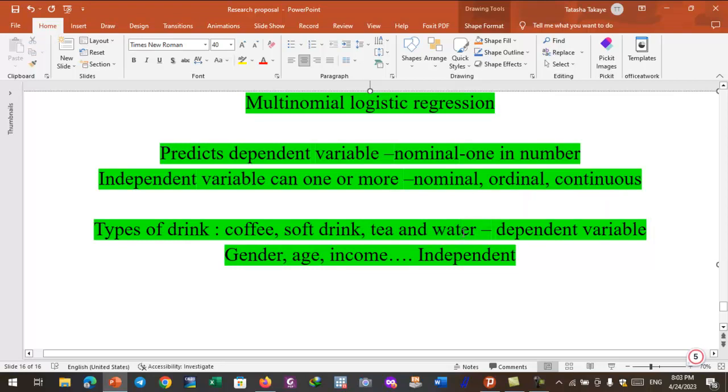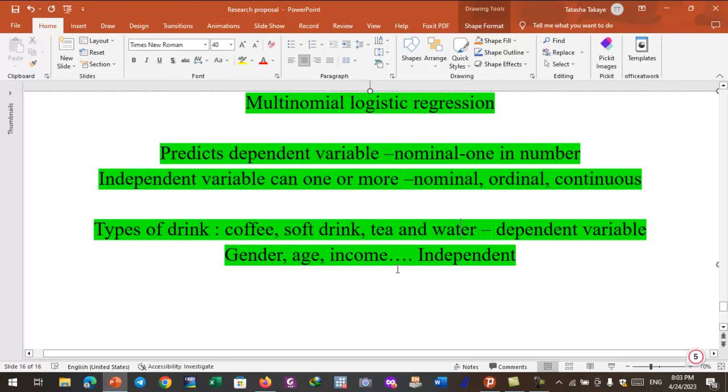Those numbers 1, 2, 3, 4 are just nominal. They are just taking the role of representing coffee, soft drink, tea, or water. It doesn't mean that 4 is greater than 1 or 1 is less than 4 here. Therefore, we say that the dependent variable is nominal.